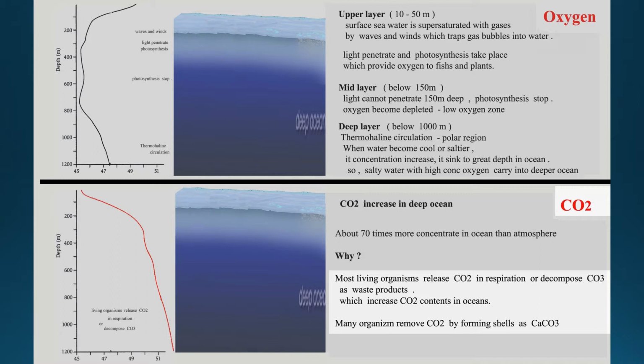And carbon dioxide is released, or the carbonate decomposes as waste containing carbon dioxide, which goes onto the ocean and sinks deep. So carbon dioxide content always increases. And in the deep ocean, where the carbon dioxide ends up, it will deposit as the shells that you will find in the deep ocean, calcium carbonate.